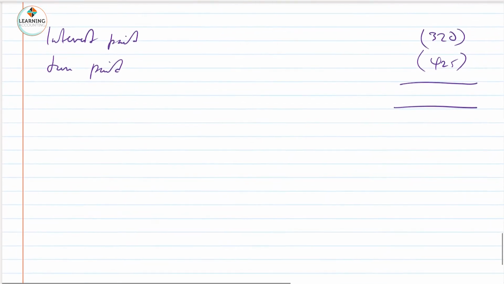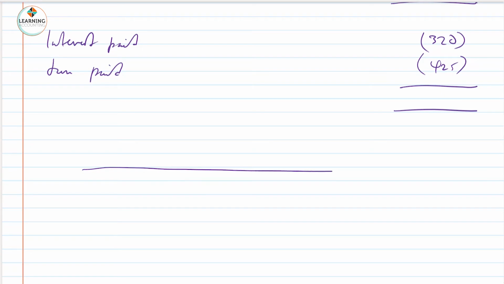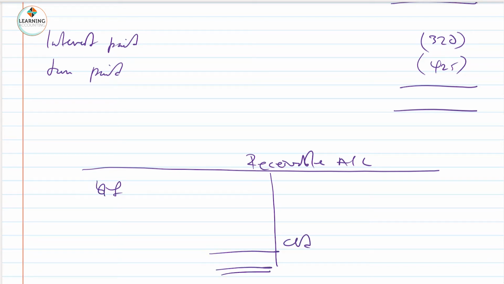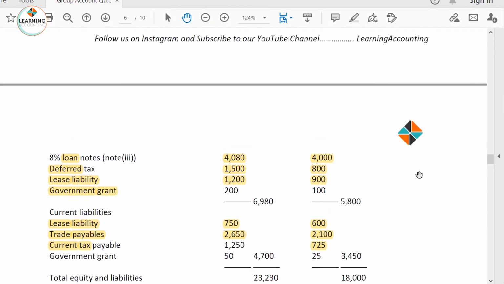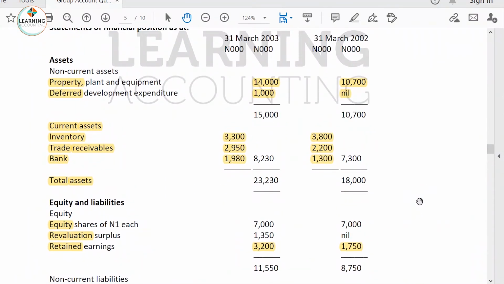So first thing I want to do, like I said, is to open the receivable control account. And the receivable account, it's an asset account, so the BF will start on the debit side, and the CD here. Again, the BF, let's check out the question. We have 2,002 and 2,950.